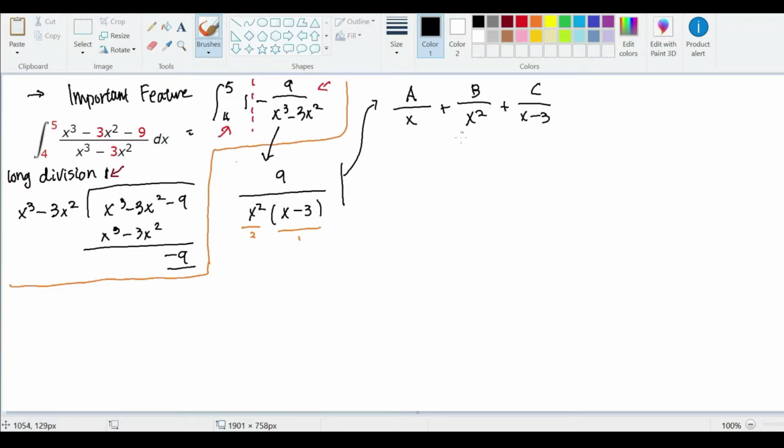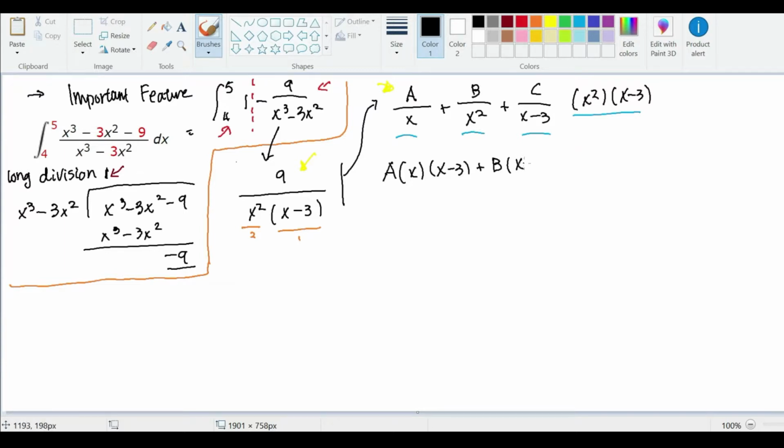And now, because we're getting this formula from here, these have to equal each other, right? So basically, from the numerator, I will multiply each term on each fraction. If I multiply this, x cancels out, so it becomes a times x minus 3, plus b, and x squared cancels out, right?